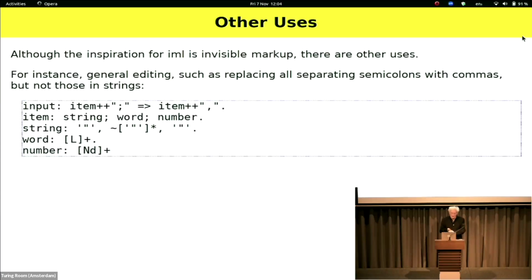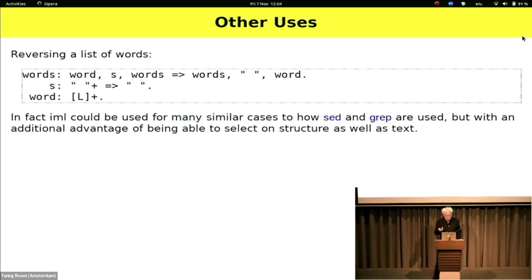And that includes, even if the strings that are in that might be an item, if those strings include semicolons, they won't get transformed, because we only transform the ones that separate items and no other semicolon. So you're able to do editing based on structure and not just on textual mapping.